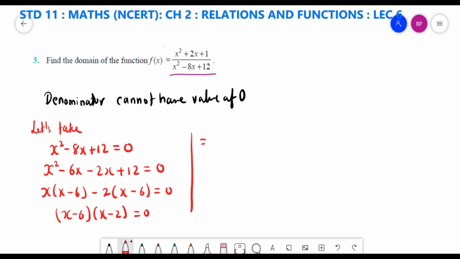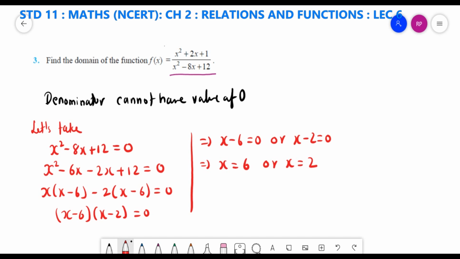So what does this imply? Either x − 6 = 0 or x − 2 = 0. So that means either x = 6 or x = 2.